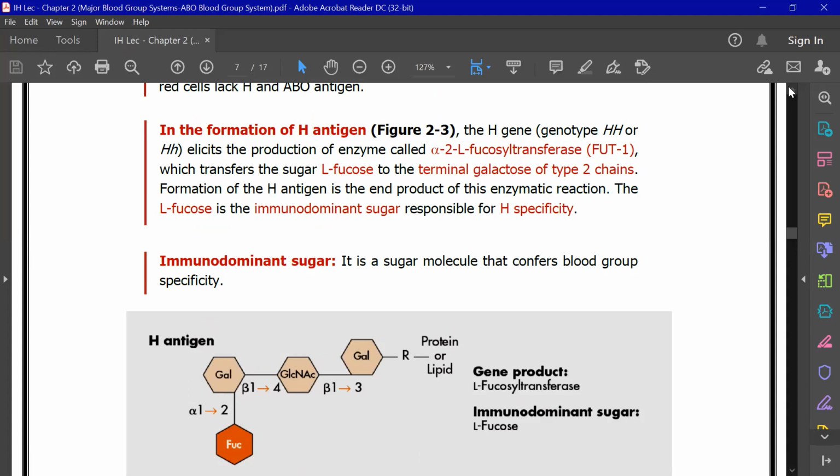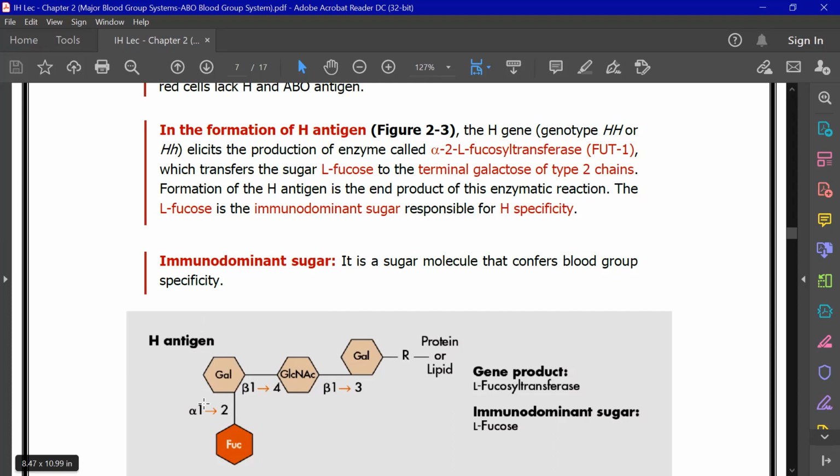So, let me repeat: in the formation of your H antigen, first we have the inheritance of your H gene. The H gene will elicit the production of a protein or enzyme called alpha-2 fucosyltransferase. This enzyme will transfer or add the sugar L-fucose to the basic precursor structure, specifically type 2.